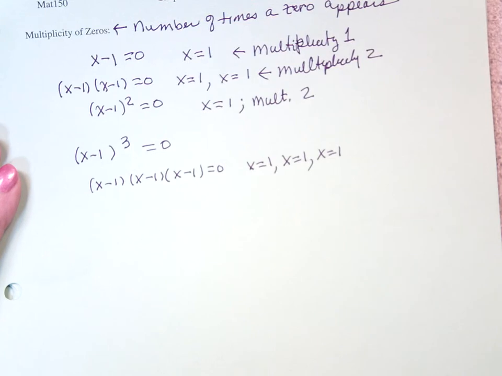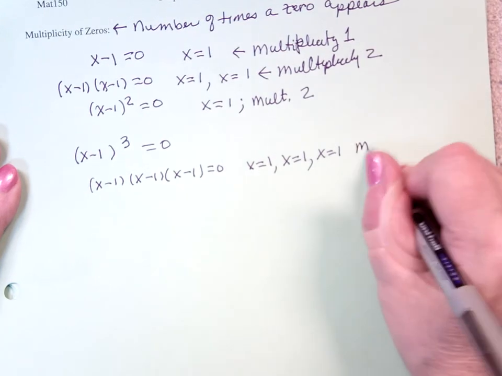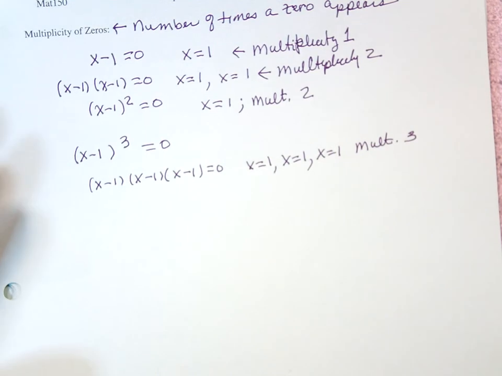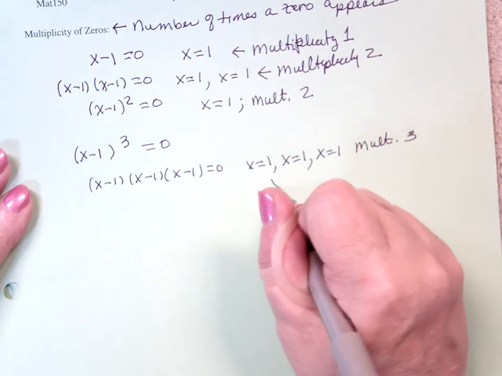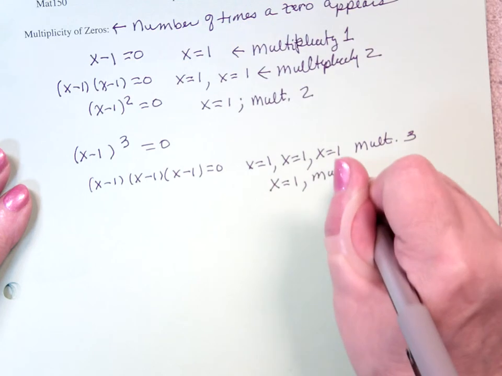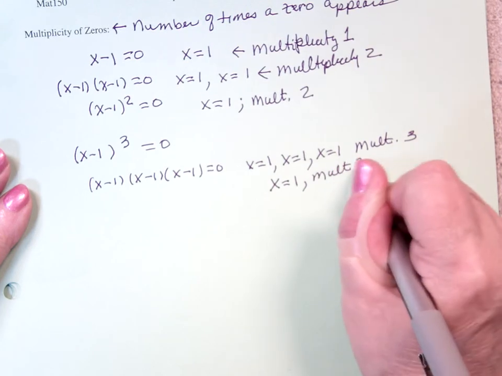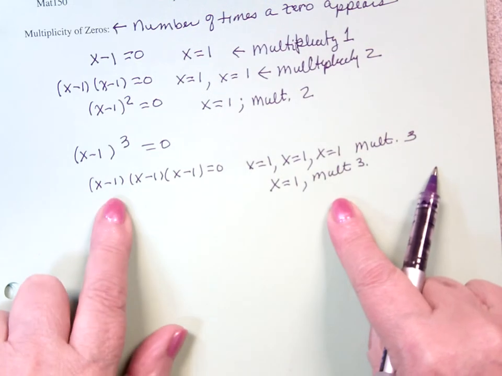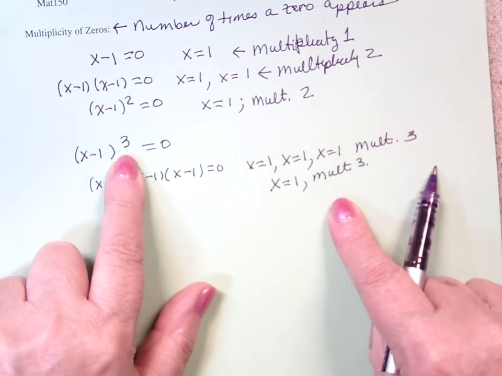It appears 3 times. This is multiplicity 3. It's the number of times the 0 appears. Again, we normally write x equal 1 multiplicity 3, which says that basically it has a factor of x minus 1 raised to the 3rd power.